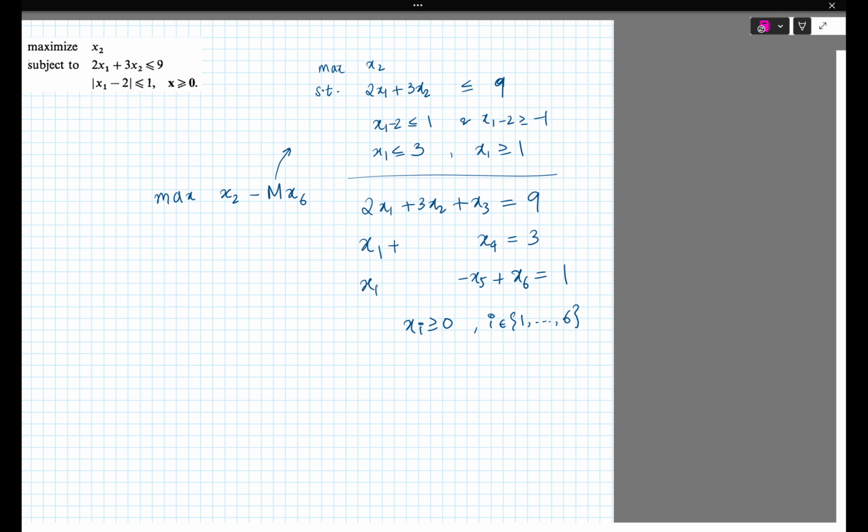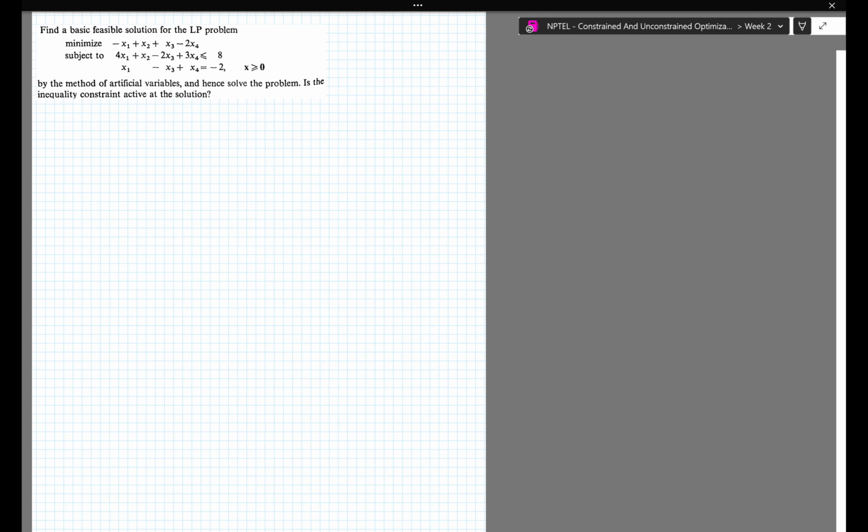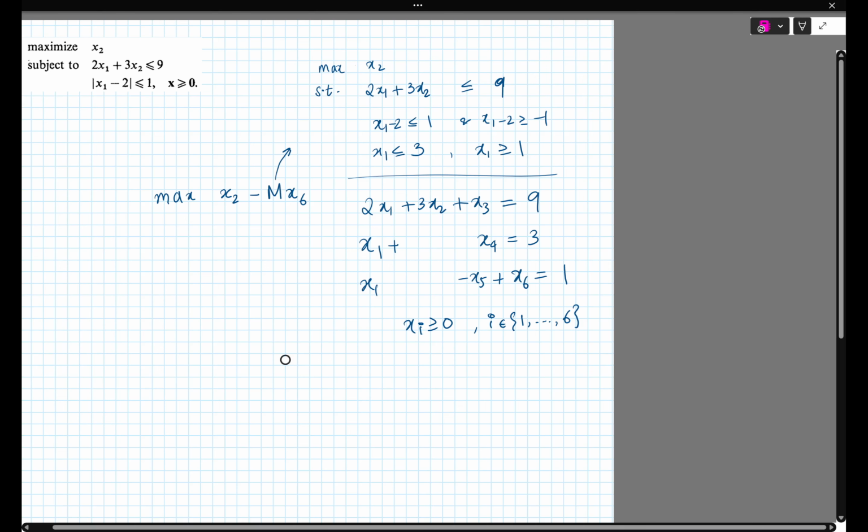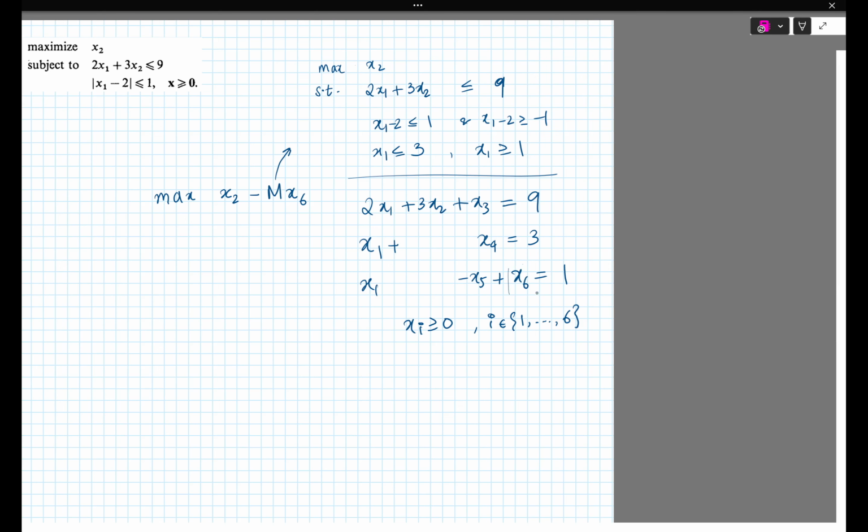So to solve this we do the same procedure, I think. It will follow the same procedure as the previous one, just with the artificial variable x6.